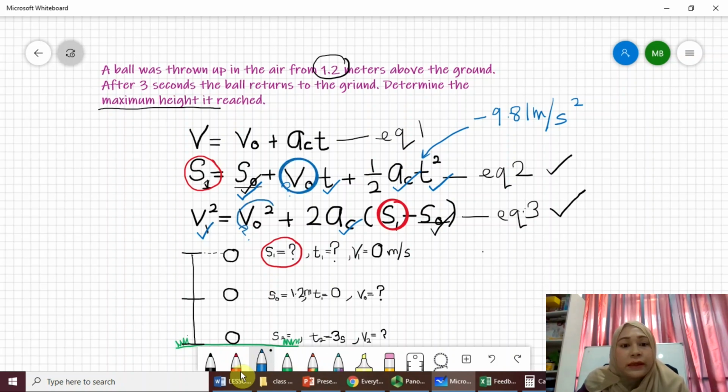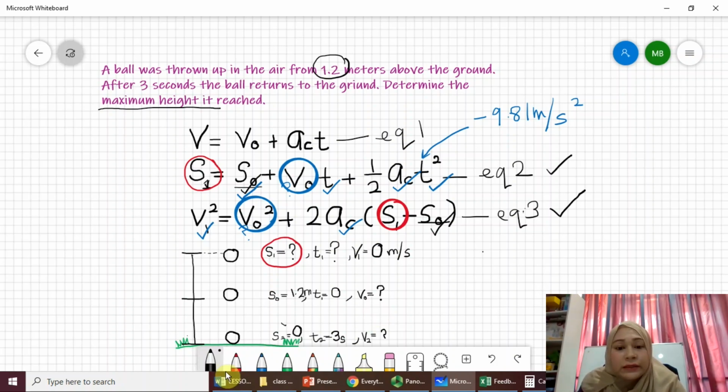So basically, how are we going to solve this problem? Because we have 2 unknowns here, it means we have to find V0 first. And how do we find V0? Looking at all the information we have down here, we have the position of S2, which is 0.